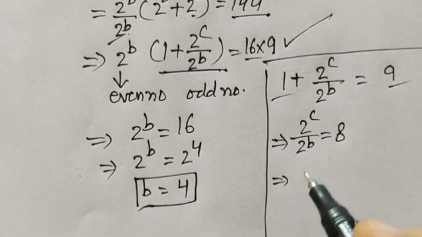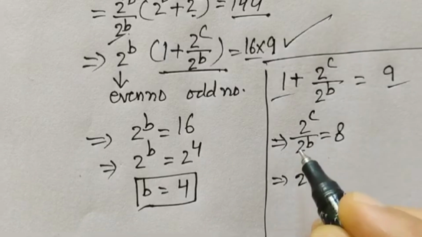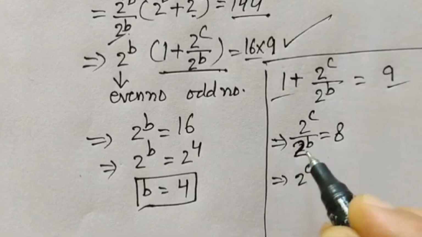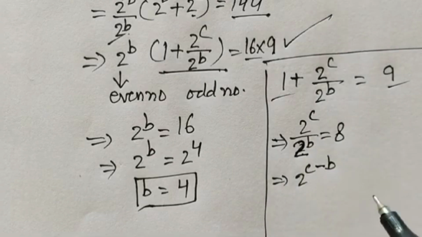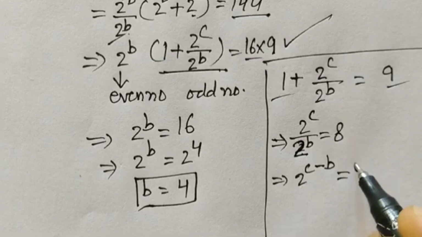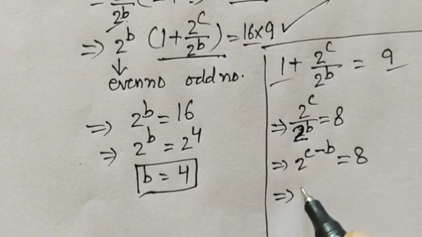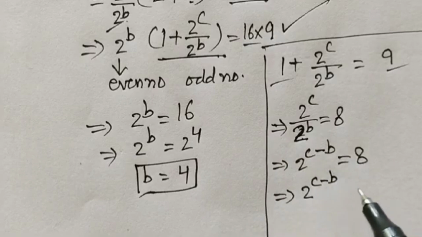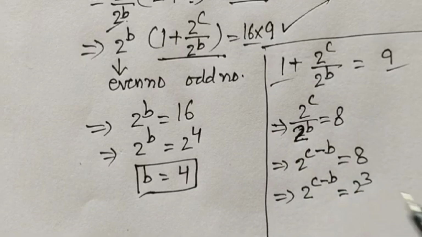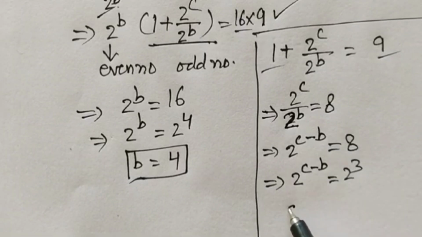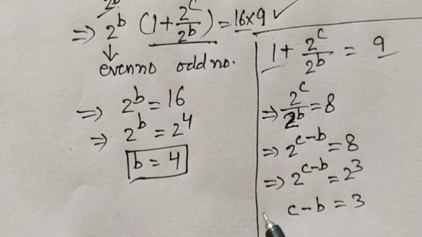Now 2^c divided by 2^b is 2^(c-b), which is equal to 8, that is 2^3. So c minus b will be equal to 3.